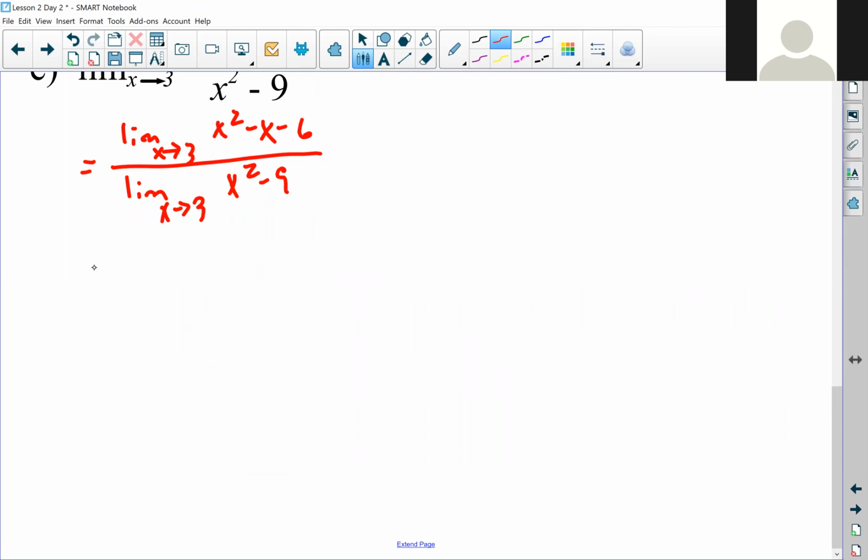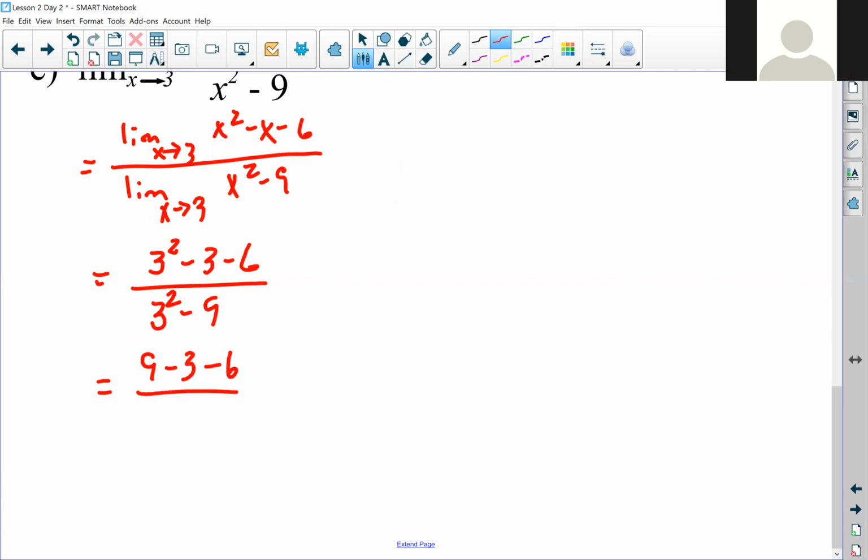If I plug 3 in, that would be 3 squared minus 3 minus 6 over 3 squared minus 9. 9 minus 3 minus 6 over 9 minus 9. And we get 0 over 0. And that's not so good.